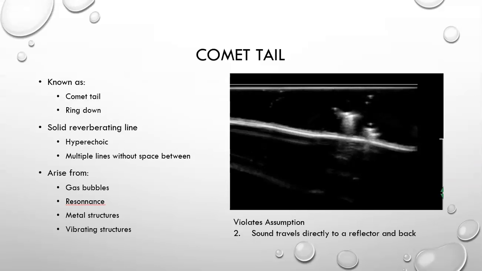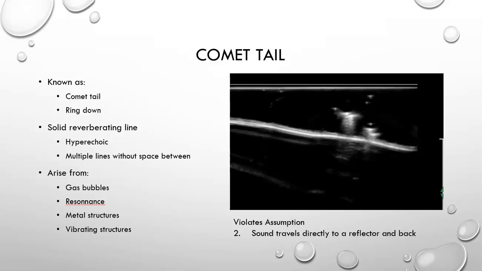A comet tail artifact is another type of multipath artifact, a little different though. This is a ring down artifact, and this can be thought of as a reverberation artifact with all of the space between the lines squeezed out. Typically this arises from gas bubbles that are trapped in the path of the sound.